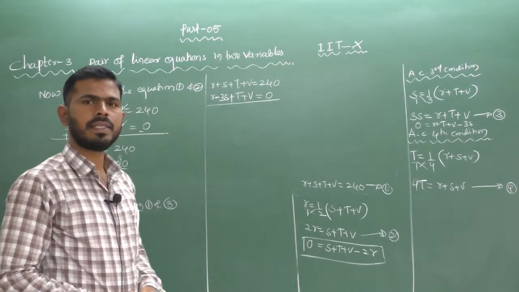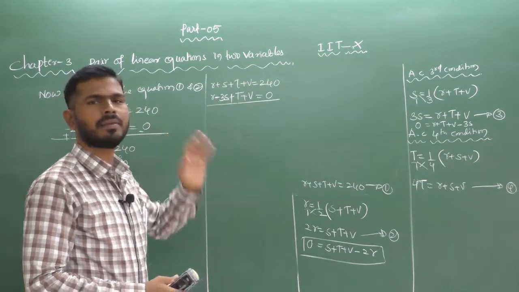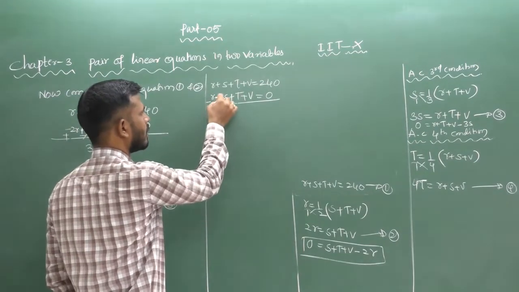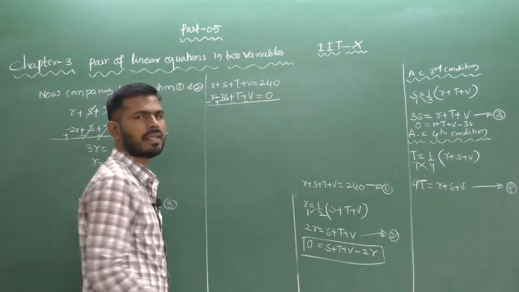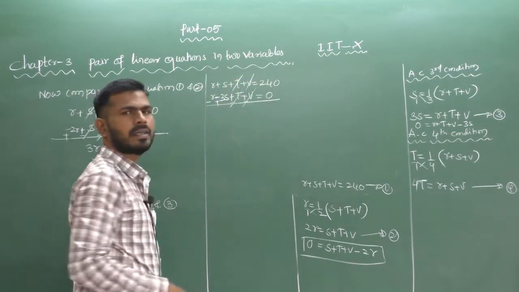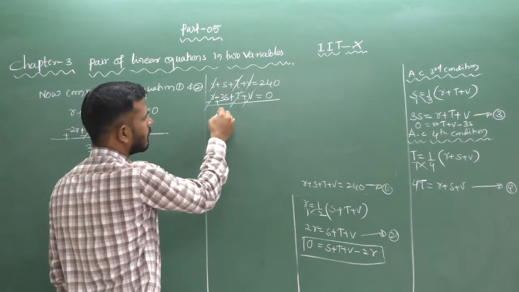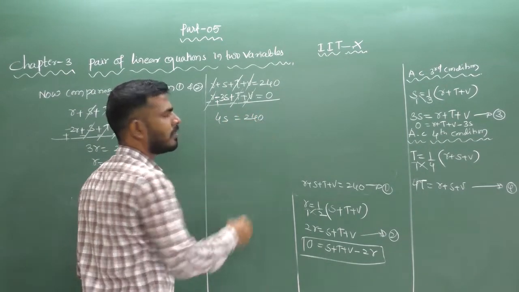Next step, you have to eliminate the v term, t term and r term, which means you have to change the sign. Plus becomes minus, and minus becomes plus. So plus v minus v get cancelled, plus t minus t get cancelled, plus r minus r get cancelled. 3s plus 1s is 4s equal to 240.